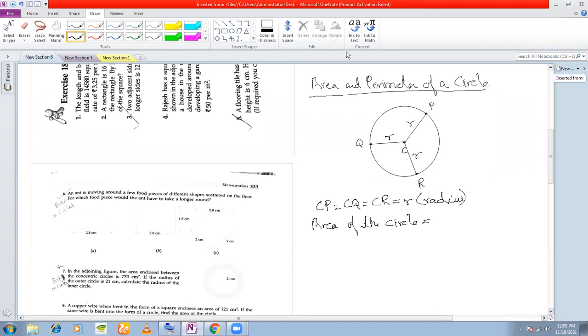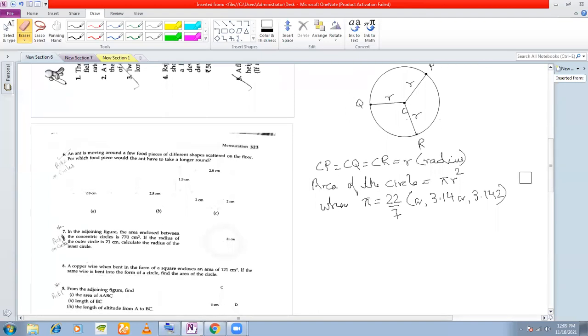The area of this circle is given by pi r square, where pi is normally taken as 22 by 7. Mostly it will be given in the question whether to take 22 by 7, or 3.14, or 3.142. Normally these are the three values that are mostly used for pi. If nothing is given, you can work with the fractional value 22 by 7. This is the area of the circle.